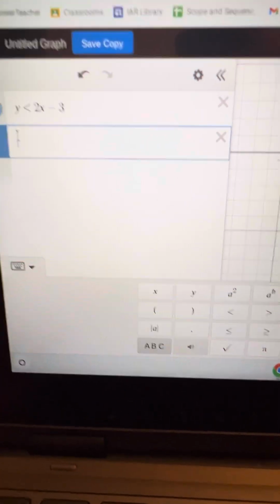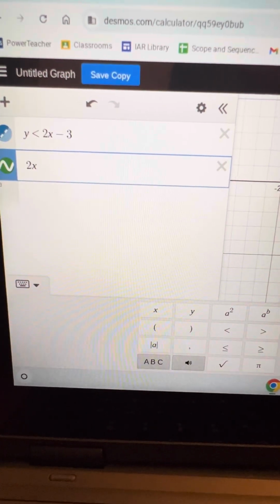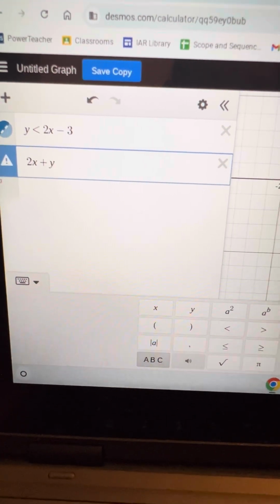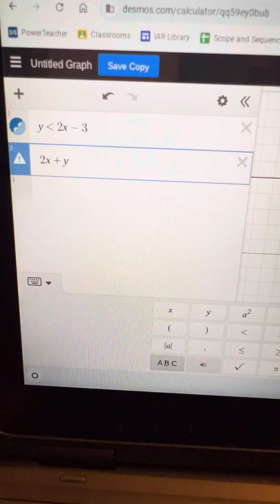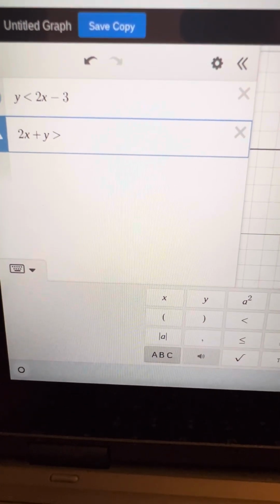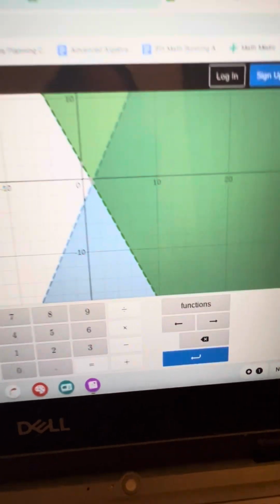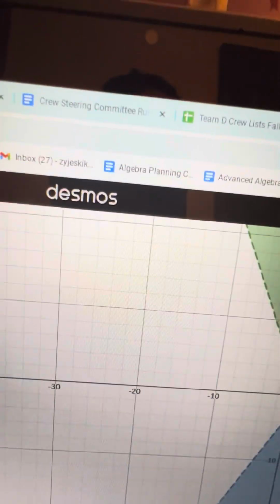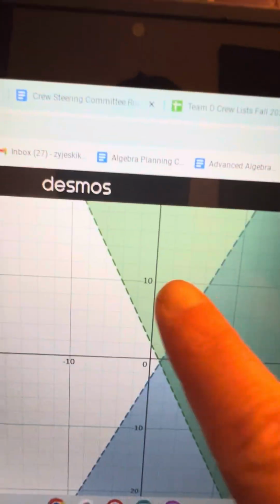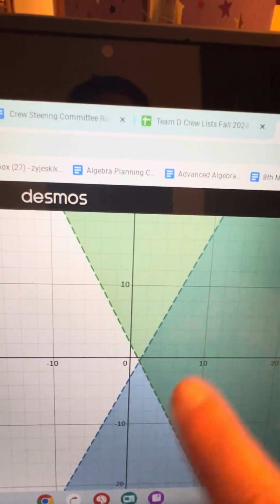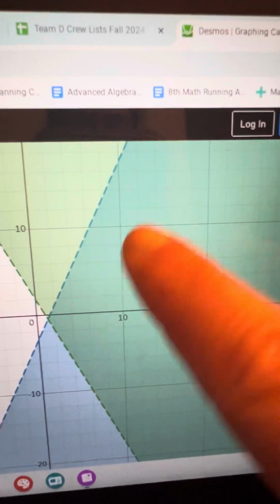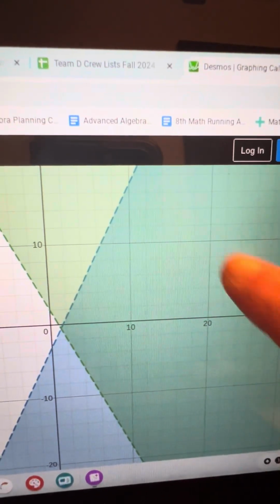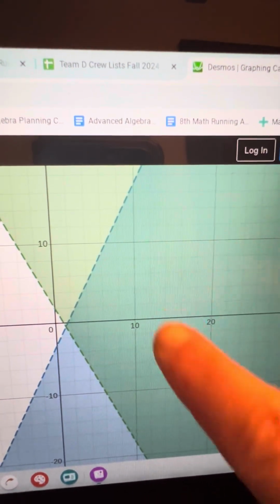Second one was 2x plus y. And that one was greater than as well. And then it's 2. So as you can see now, there's another crisscross like that. And this one's in green, so you can see it. The green is going over here, the blue is going over here, but you can see that this is a different color right here. These are the answers that work for both inequality statements.